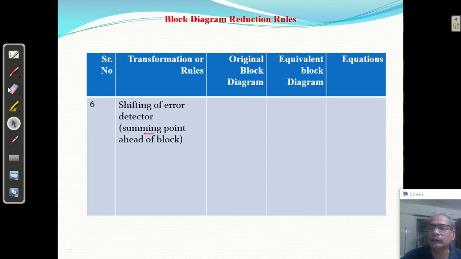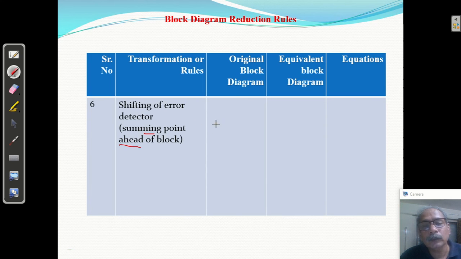Rule number 6. Okay, shifting of error detectors or summing point ahead of block. It has to be brought before the block. Clear? So how to do it? Shifting of the error detector ahead of the block.